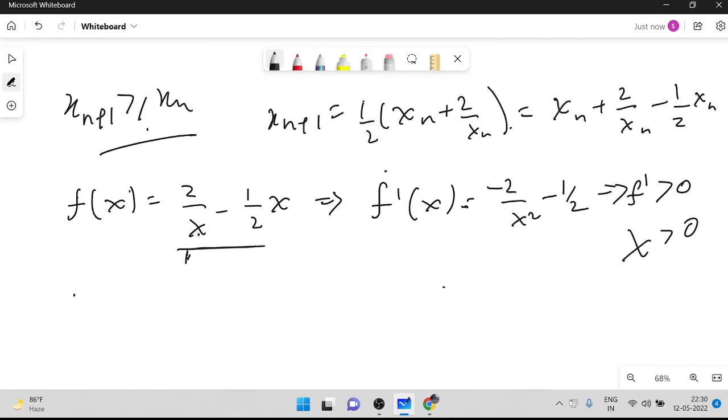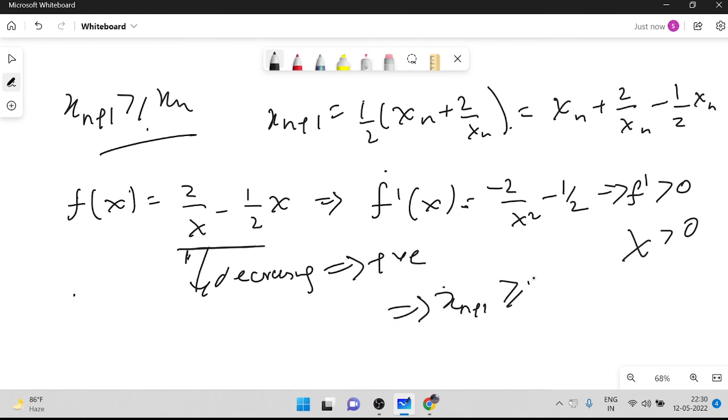This is a decreasing function which is positive, implying x(n+1) is greater than or equal to xn. So we have a monotonic sequence that is bounded above, hence it is convergent.